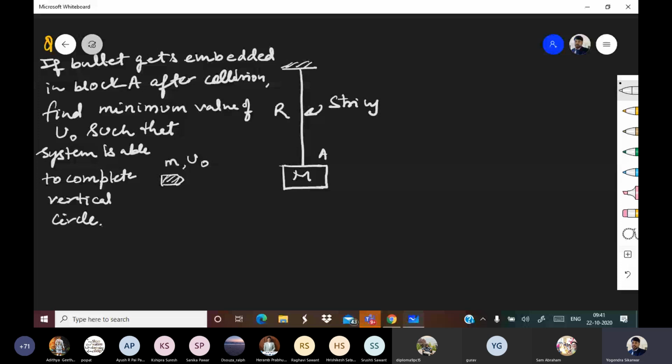Okay, everyone, please pay attention. See, first it is here and it is here, right? After that, the bullet will get embedded in it. So I am going to apply linear momentum conservation between bullet and block.